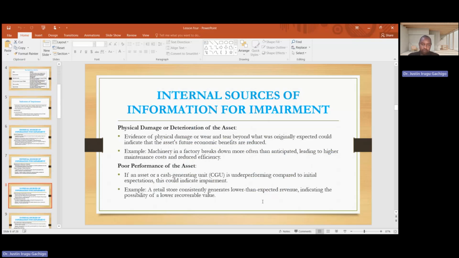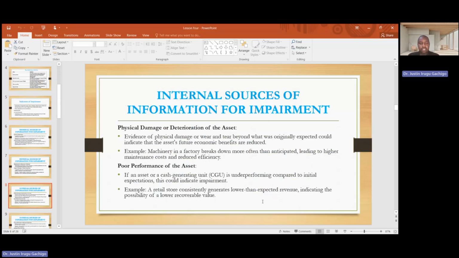So if you look at these two points, they are almost the same. Physical damage, if you have an asset in a manufacturing concern and that asset is physically damaged, that means it is breaking down. Like, for example, sometime back we used to go to the maize milling machine, the posho mill.